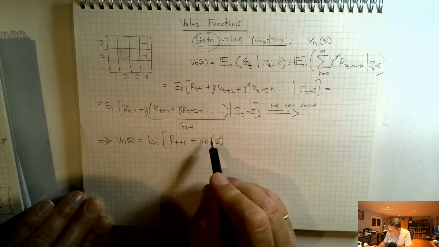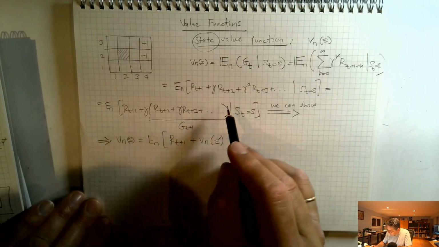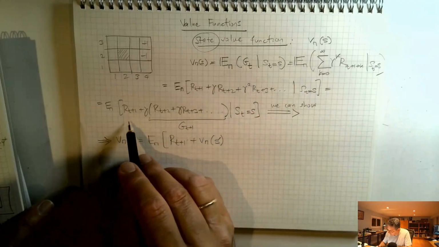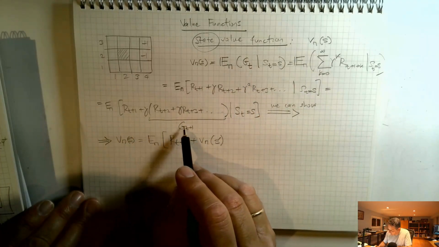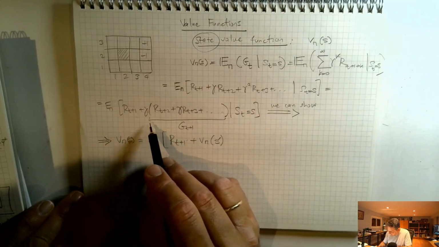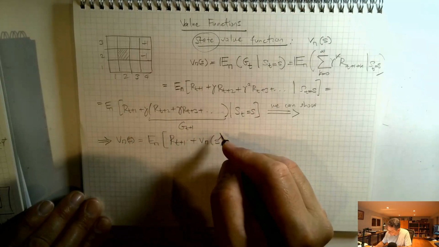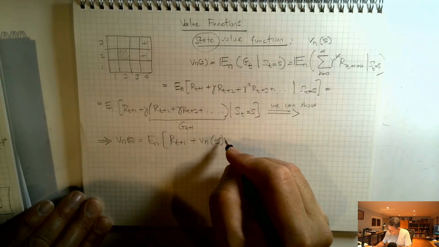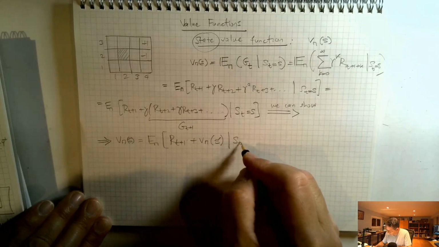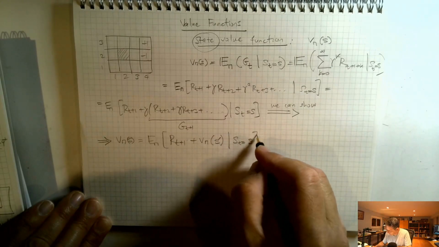This v pi of s prime came from writing the return at t and connecting it to the return that we will be getting at the next time, in the next state, given s t equals s.